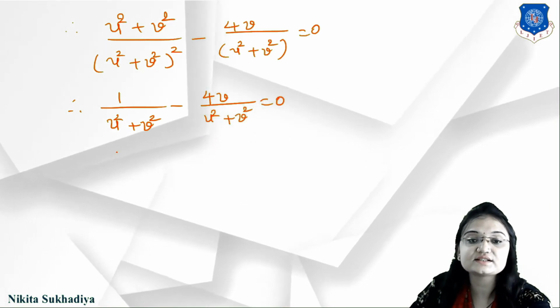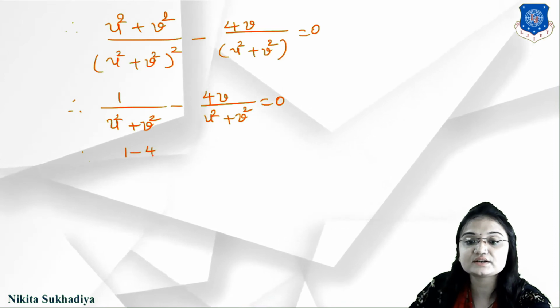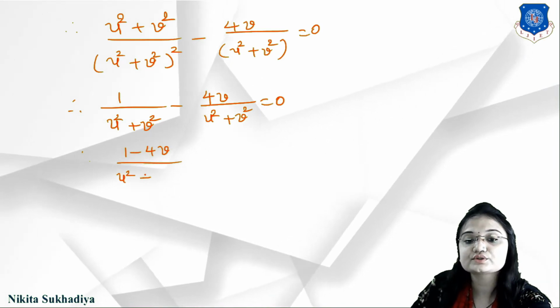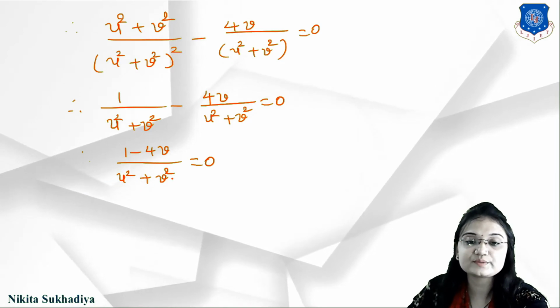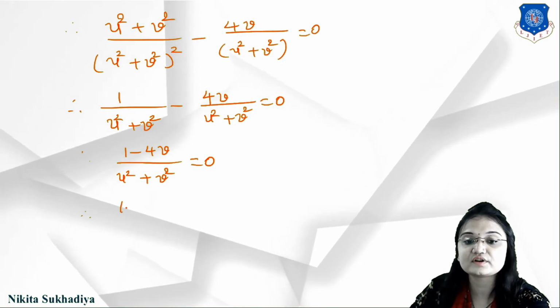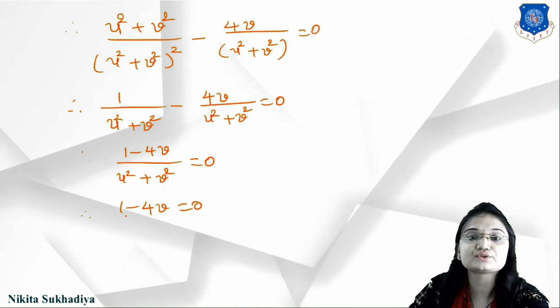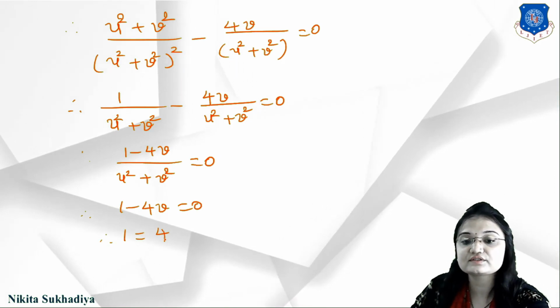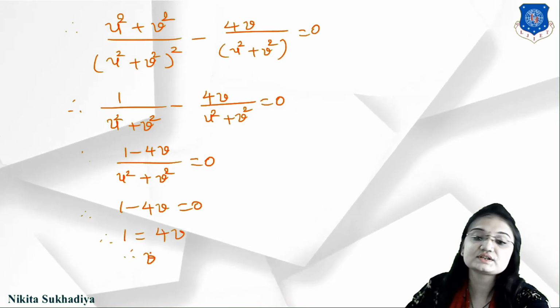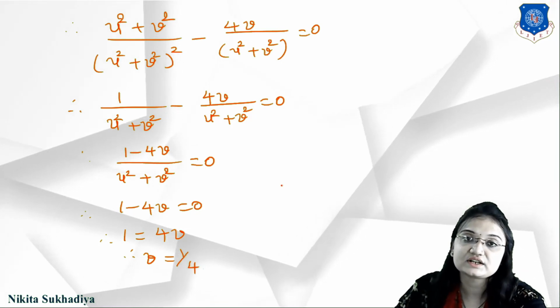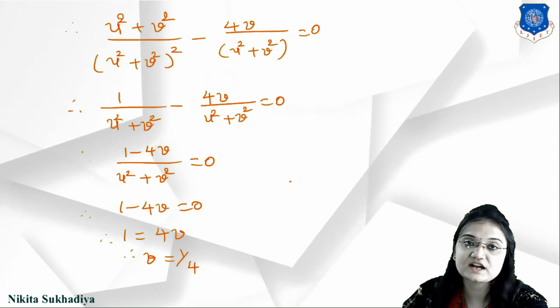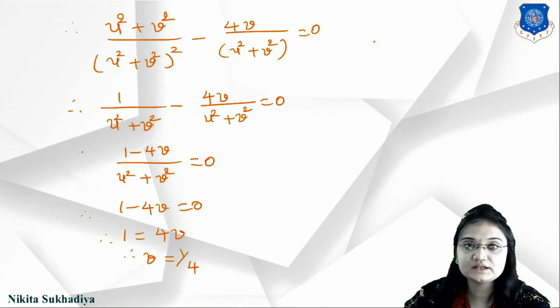Again by taking LCM, this will become 1 minus 4v upon u square plus v square is equal to 0, and by multiplying through by u square plus v square, this will become 1 minus 4v is equal to 0. So 1 is equal to 4v, that is v is equal to 1 upon 4. That is the image of modulus of z plus 2i is equal to 2 in the w plane.